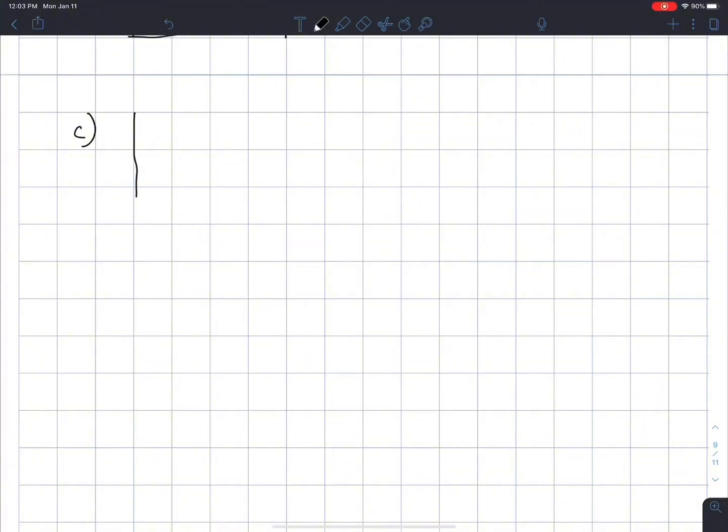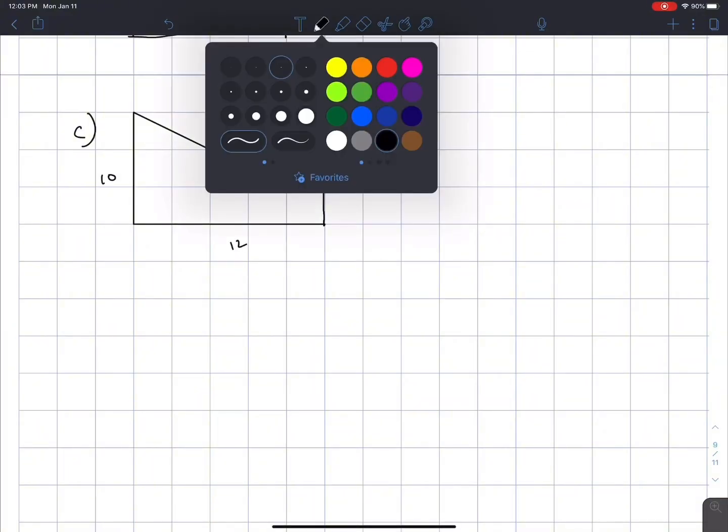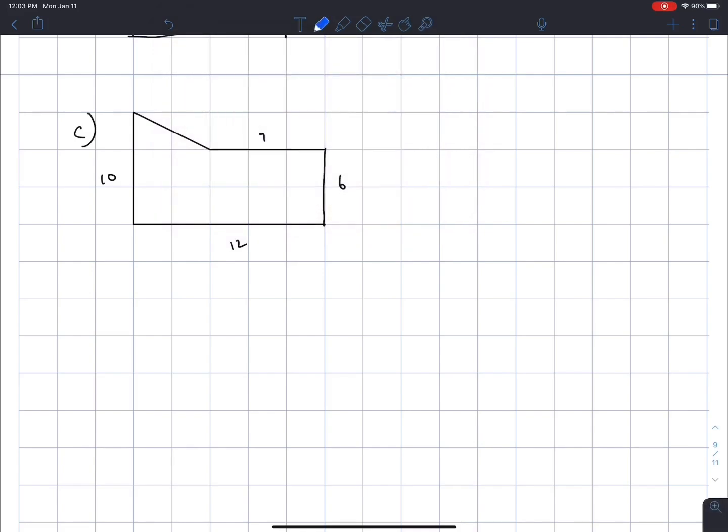C. So this time what's hollow is going to be this and that.